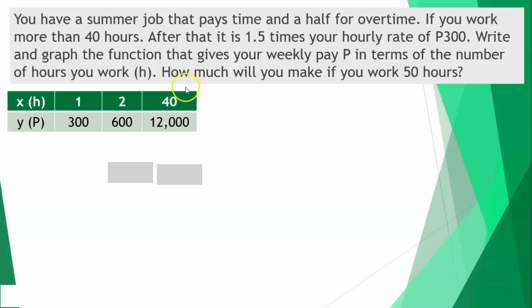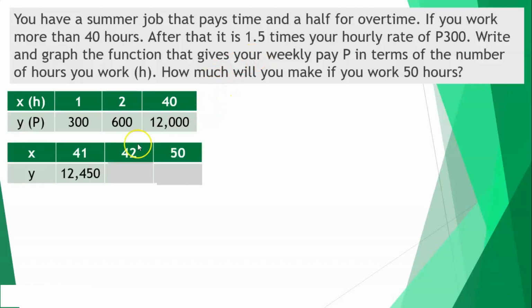Now take note, after or more than 40 hours, your rate will become 1.5 times already. For example, if you work for 41 hours, your total pay will be 12,450 pesos. How come it's like this? Because every hour after 40, your rate is already 300 times 1.5, which is 450 pesos.